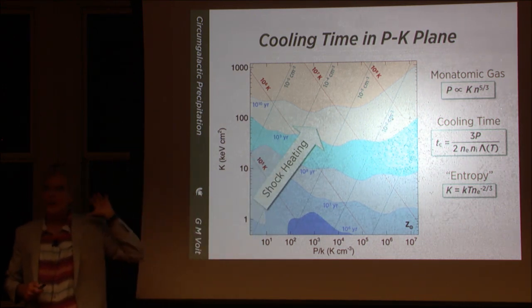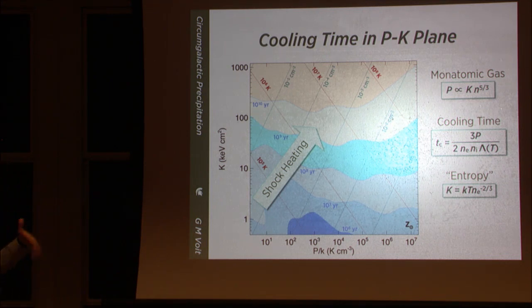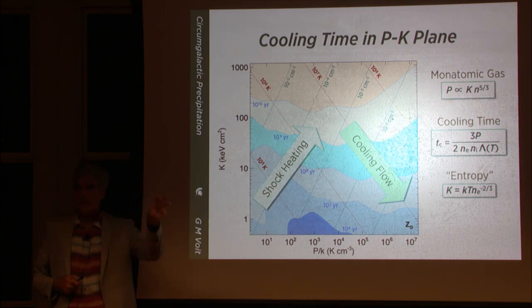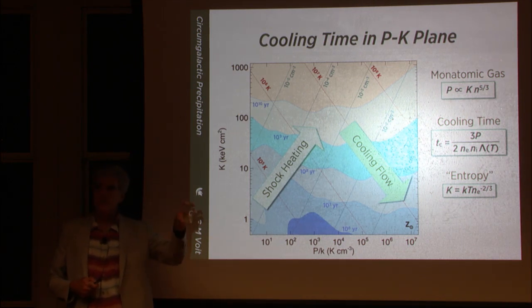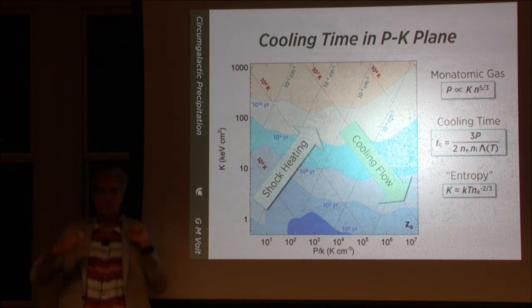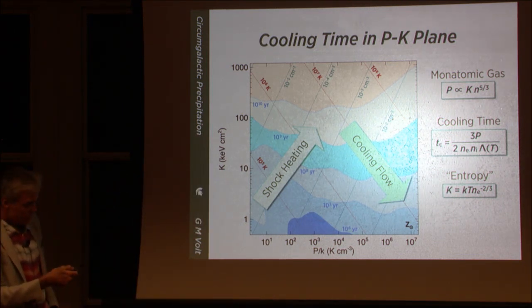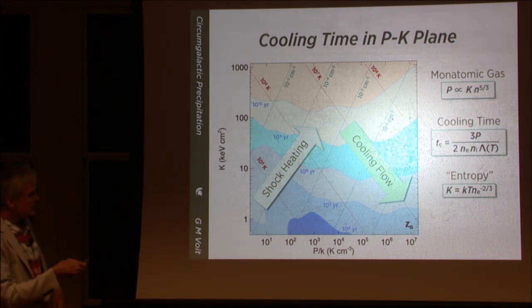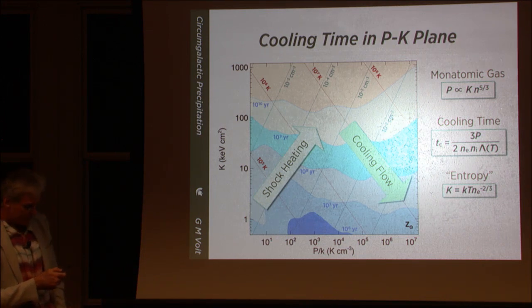You're making it harder to cool. You're adding entropy to it. And this is what cosmological structure formation does. It's where all that circumgalactic gas gets a lot of its entropy. When it can radiatively cool, it tends to sink and get compressed and stay about the same temperature, even though it's losing energy. Okay? So if you cool, you will continue to go to lower entropy, but unless things go multi-phase, you're going to stay at about the same temperature.